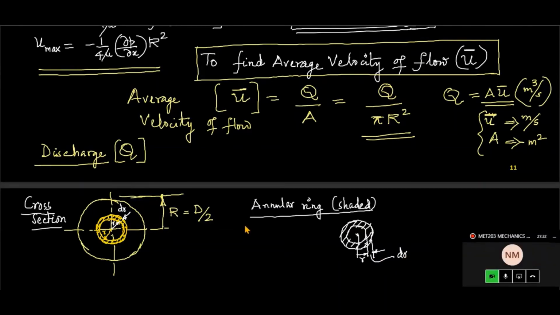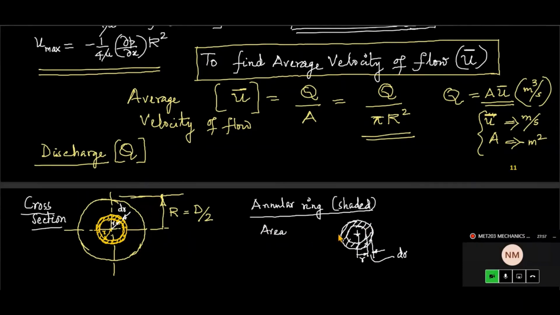So what will be the area of such an annular ring? Normally we take the outside area minus the inside area. The outside circle has a radius equal to r plus dr, and the inside is small r. So pi into r plus dr whole square minus pi into small r square gives the area of this annular ring.